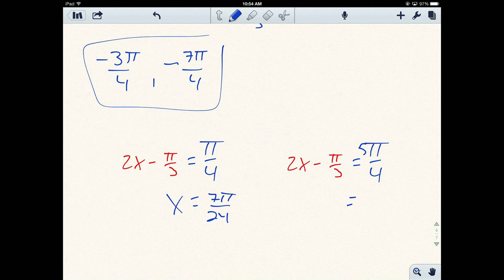15 pi 12ths, and then you're going to add another pi 12ths. I'm totally looking at the wrong one.